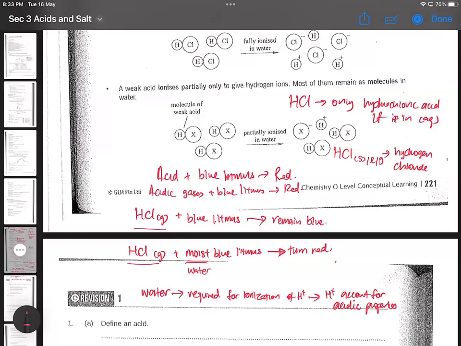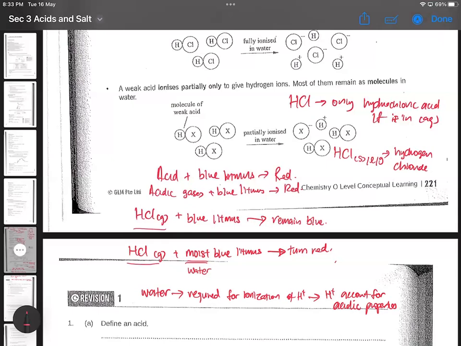That's why when you're doing experiments soon in school, your teacher always asks you to moisten your litmus paper. Because without moistening the litmus paper, your gas may not have enough water to produce H+. And when the H+ is not produced, your litmus paper will not have a change because there is no acidic property.